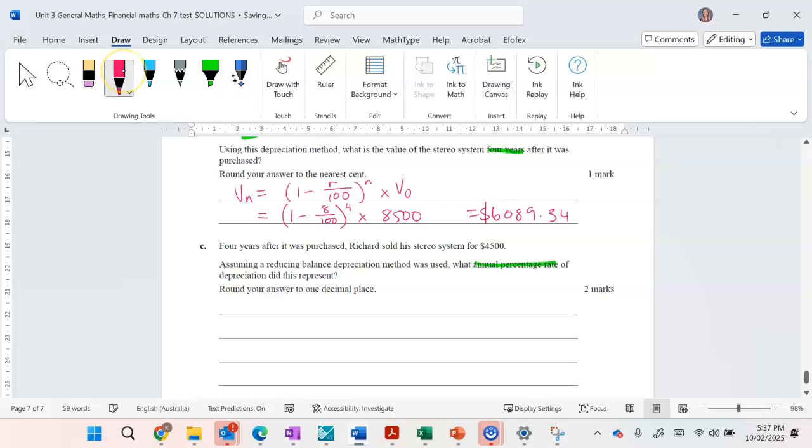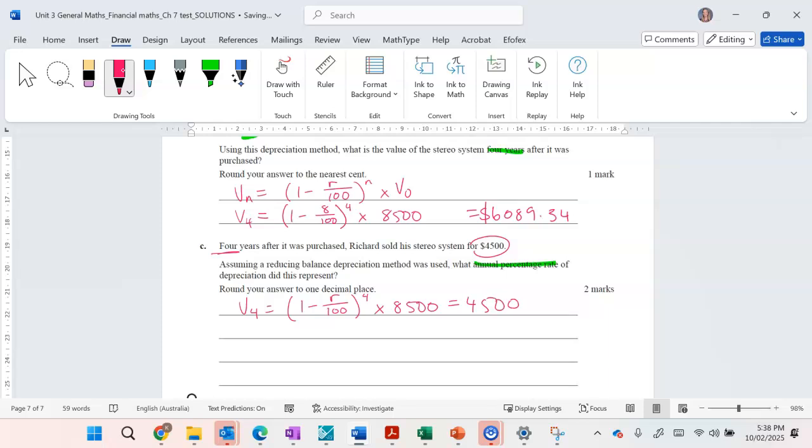So we can still use the same rule. After 4 years, so still 4 years. All right, so V4. Different V4, but it's okay. We're still just doing our calculations. 1 minus some interest rate over 100 to the power of 4 times 8,500, and that is equal to 4,500.